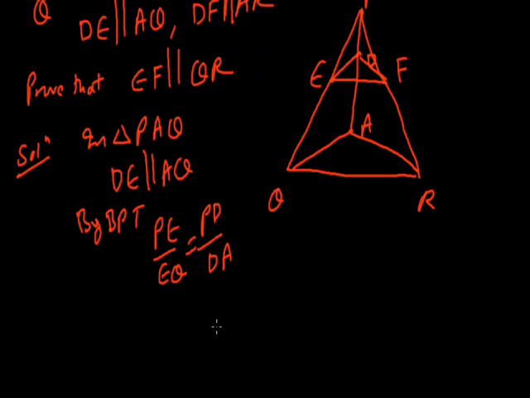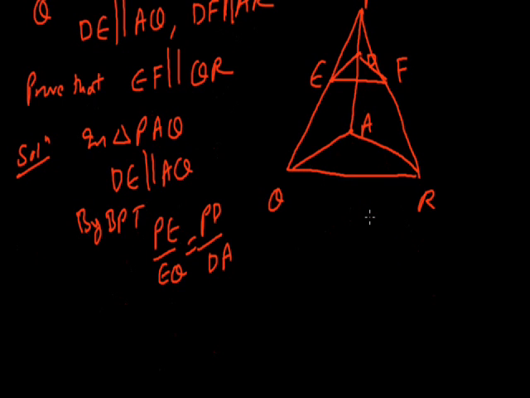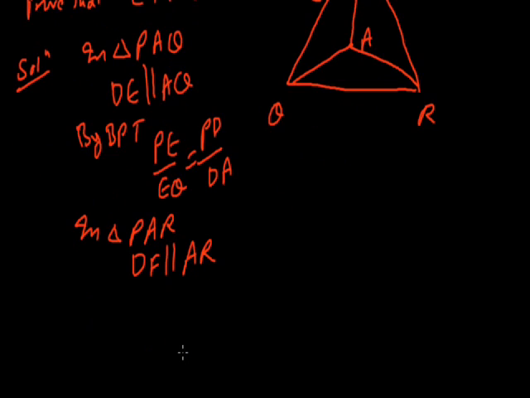Now in the same way, it is also given to you that DF is parallel to AR. For this we consider a triangle PAR. Now in triangle PAR, DF is parallel to AR. Now we can apply the basic proportionality theorem here again.